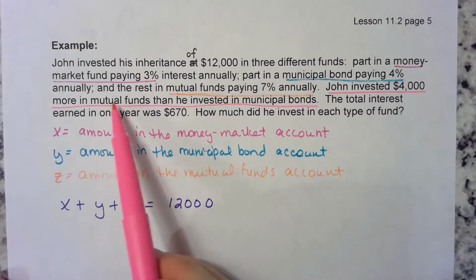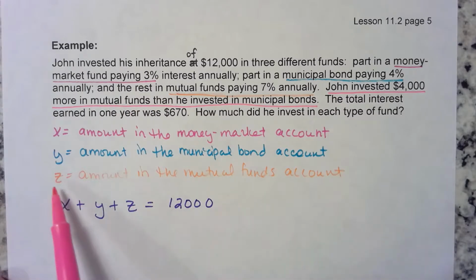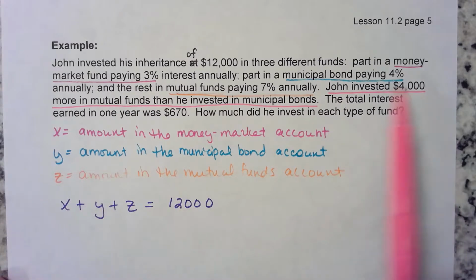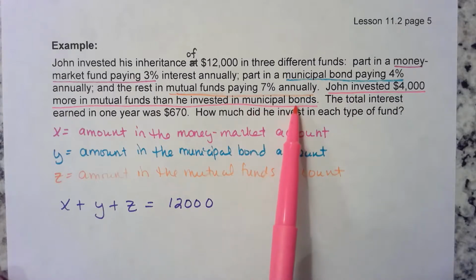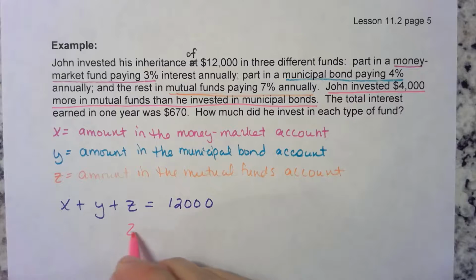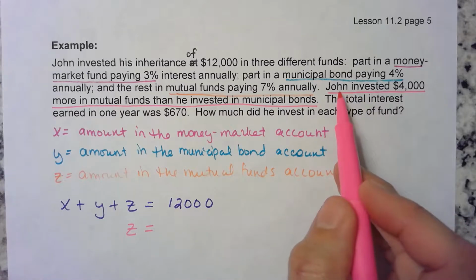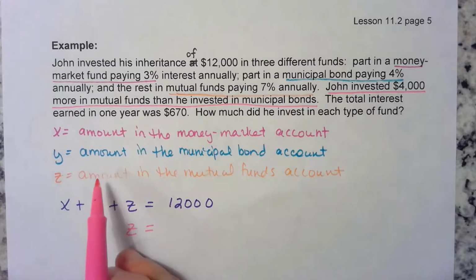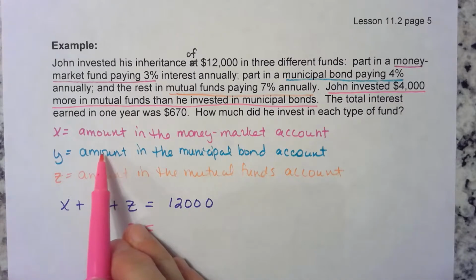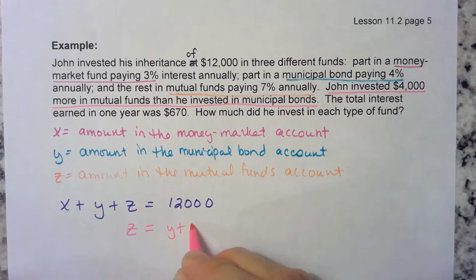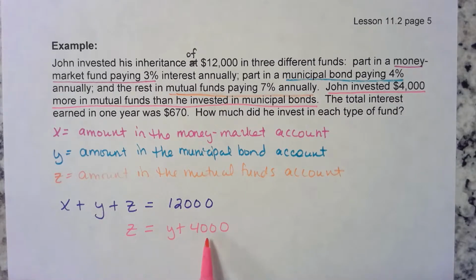So his mutual funds, that's Z, was $4,000 more than his municipal bonds. So Z is Y plus 4,000. So we have our second equation.